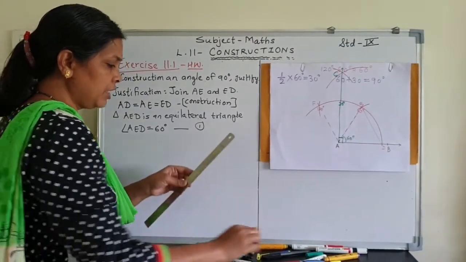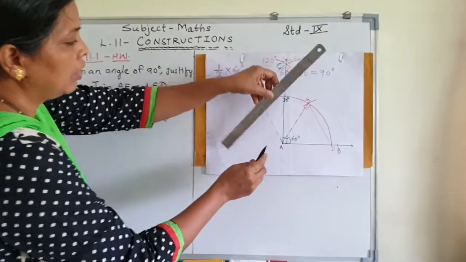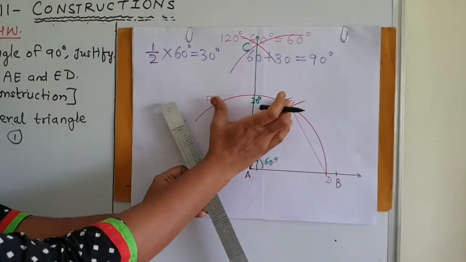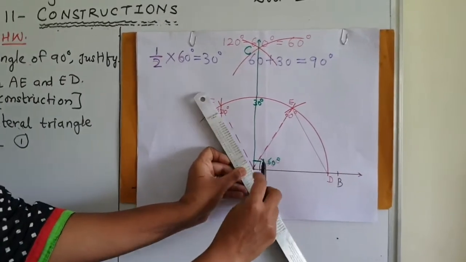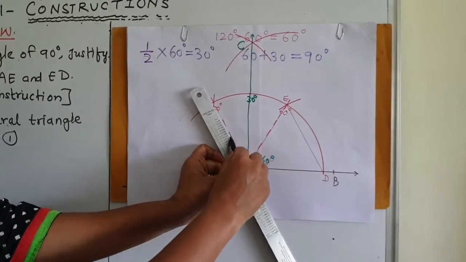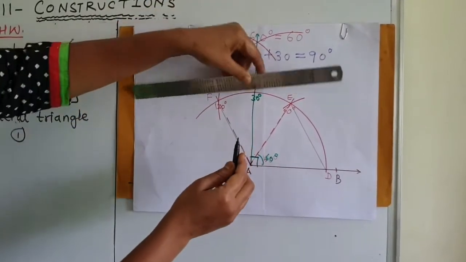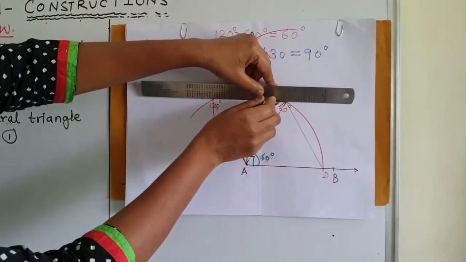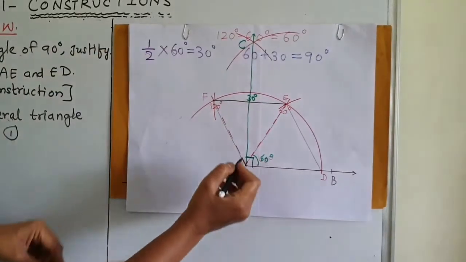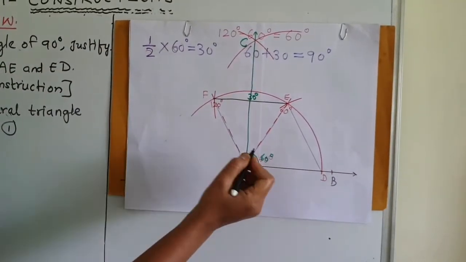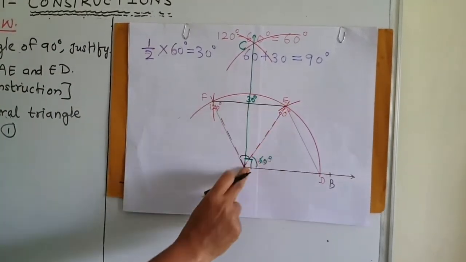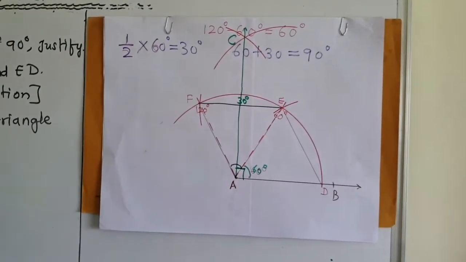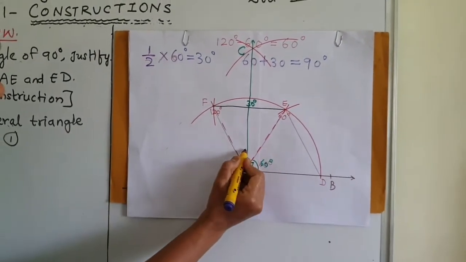In the construction itself, we have to join. Already we have joined AE. Now the same arcs we have taken for FE, so join this AF and this FE as well. You can see here again we get an equilateral triangle, and this angle EAF is 60 degree.